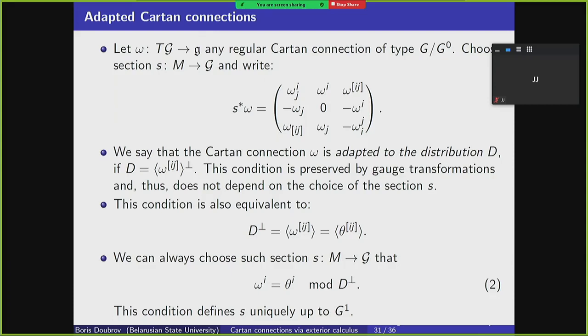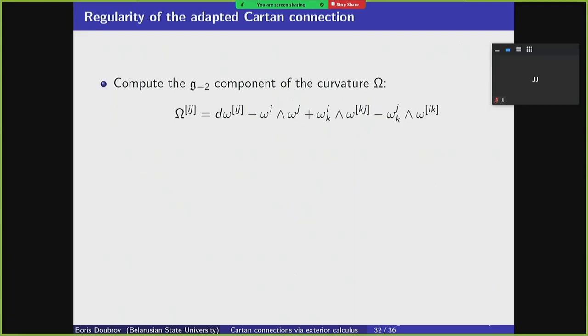That is just by playing with the G0 part of the section. The G0 part of our section takes part in GL, in this case general linear transformations, that transform omega i's arbitrarily in a linear way, so we can ensure that omega i's are the same as theta i's modulo some other terms. And this defines our section uniquely up to terms of degree 1 and 2.